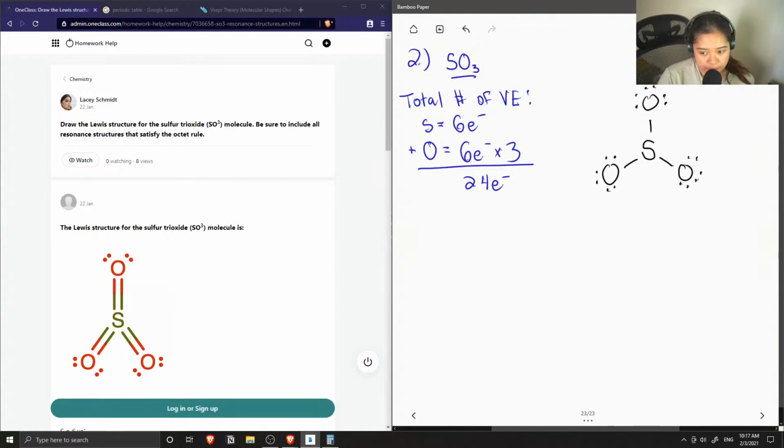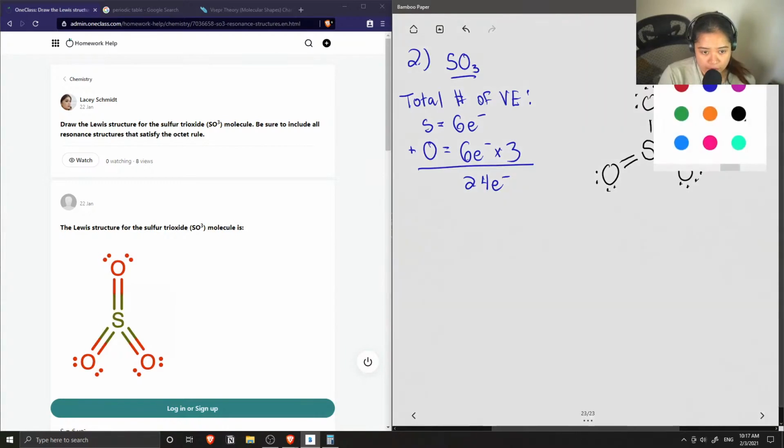But my sulfur doesn't have a full octet yet, so I'm just going to bring a pair of electrons down to form a double bond, like so, and we get the following structure. But we'll also take into account that my oxygens will have a negative charge if I were to calculate the formal charge of these atoms.